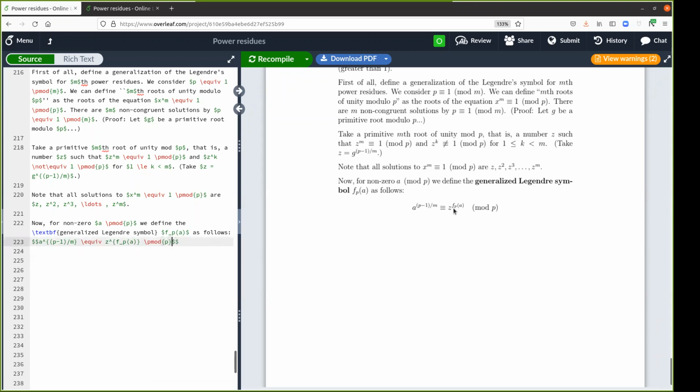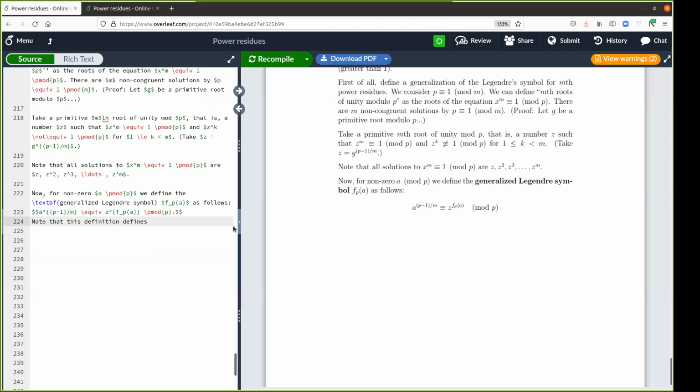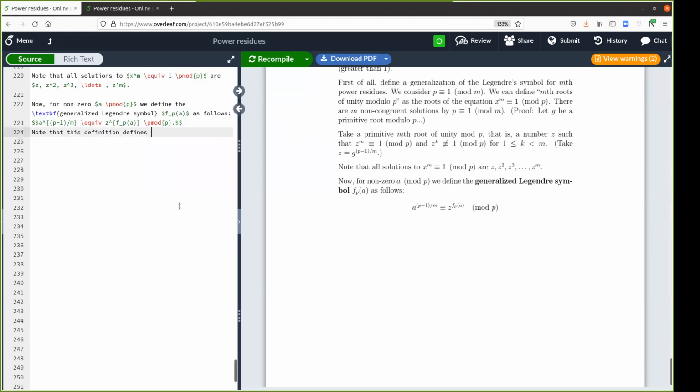I think f_p of a is dependent on m, right? Yeah, this depends on m. So in the definition, shouldn't we put m somewhere? Yeah, but that overloads the notation a bit. I'll actually be also dropping the subscript p a bit later, but the definition also depends on z.